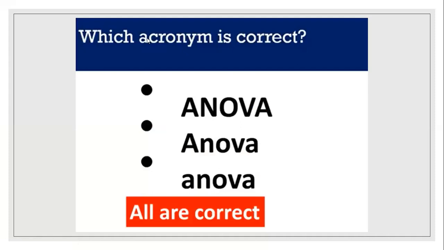At times people will ask which acronym should we use, or which acronym is appropriate. Well, any of the acronyms, as you can see, is correct. Either you use all capital, or you start with A, then all other ones small letter, or you use small letter all through.